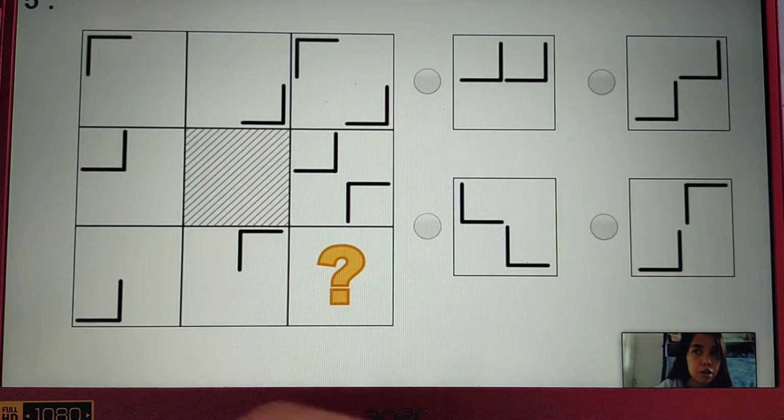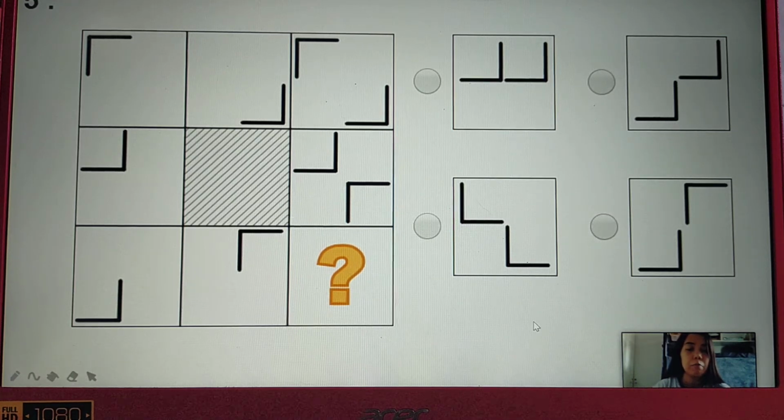Next, last 2. Given this abstract reasoning test, what do you think is the missing? What do you think is the missing figure? A, B, C, or D? 5, 4, 3, 2, 1.